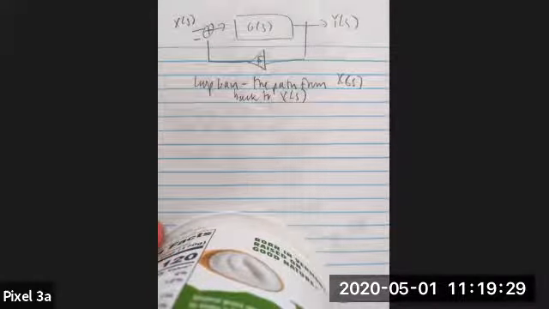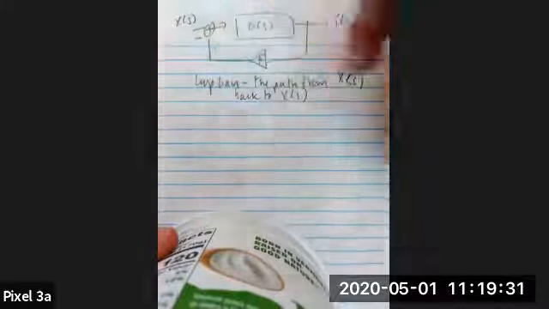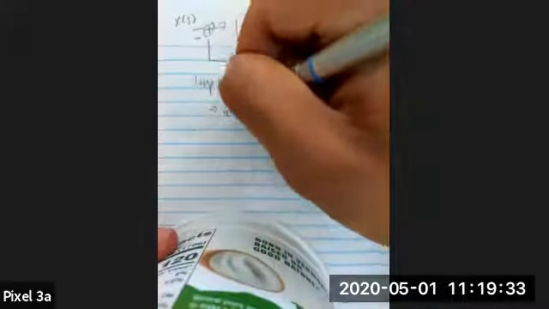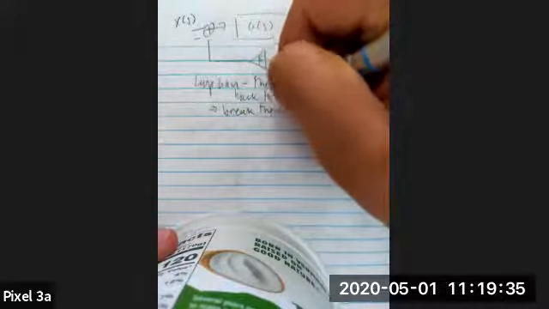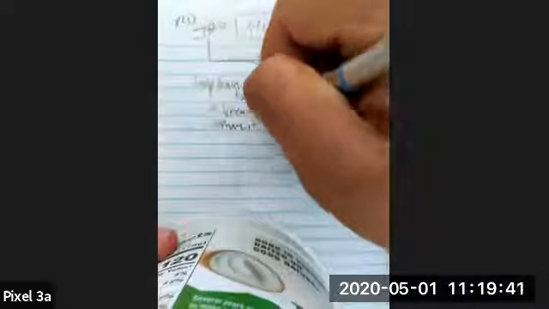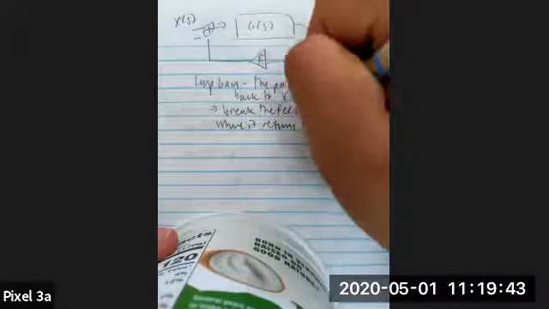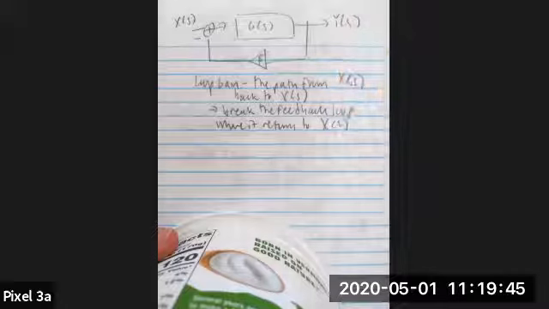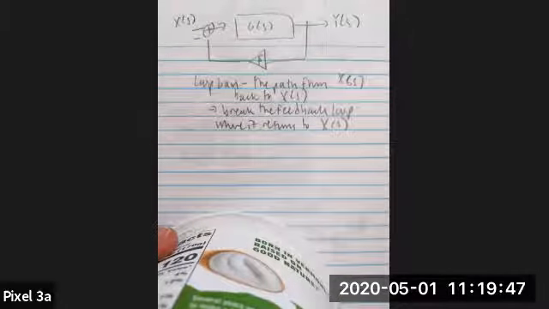So to find this, we're going to break the feedback loop where it returns to x of s, and we're just going to find the gain along that path.